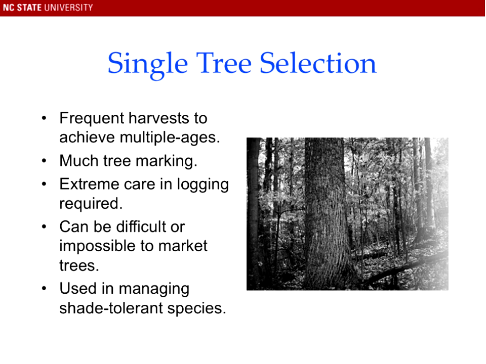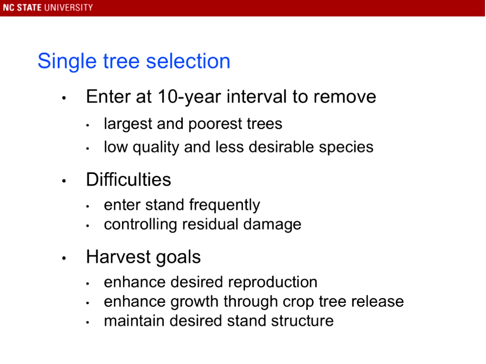It can be difficult or impossible in some cases to market trees like that, but it's used in managing the most shade-tolerant species. For single tree selection, very often you enter the stand at about a 10-year interval, and in doing so you remove the largest, poorest trees, the low quality and less desirable species.